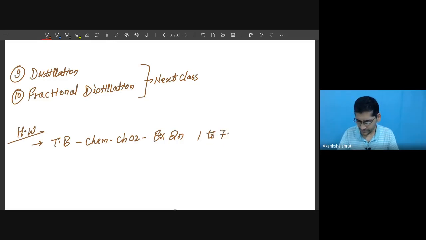In question number 1, it asks what are the different methods suitable for the given mixture. The mixture name is given; you have to write the method. It is easy. Even though we have not learned the process of distillation and fractional distillation in detail, we have learned where it is applied and what the principle is. So please finish it. Next time we will learn the process and setup for distillation and fractional distillation.